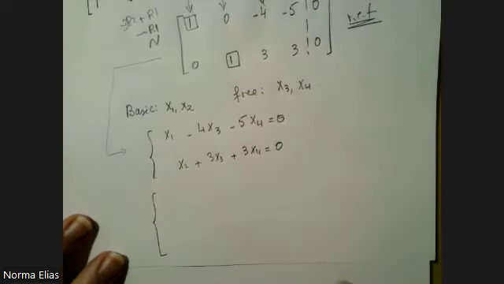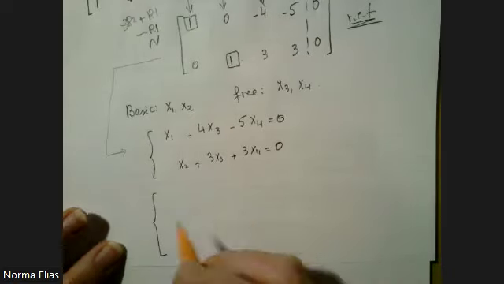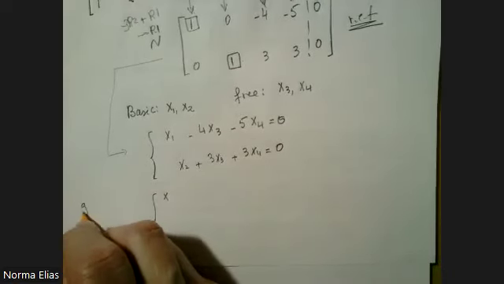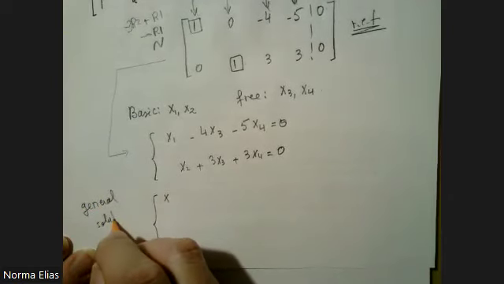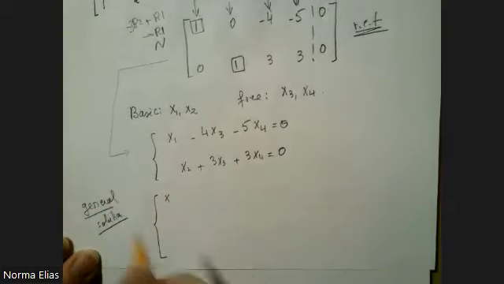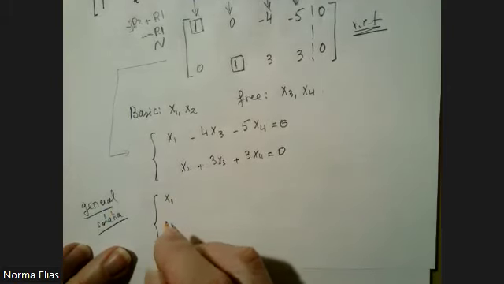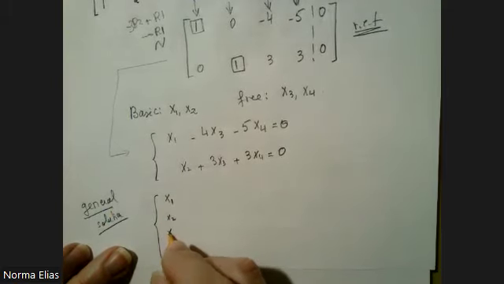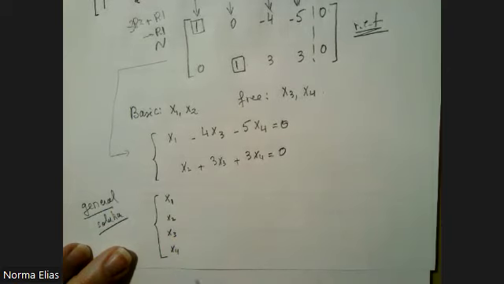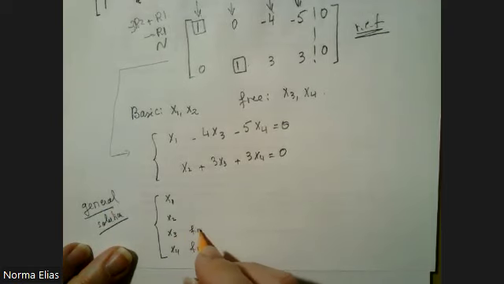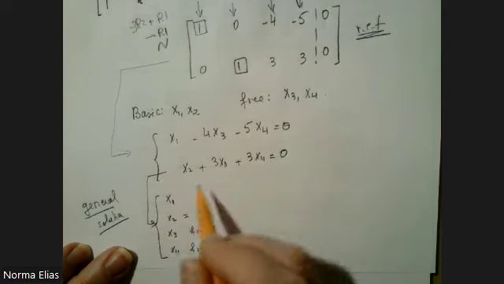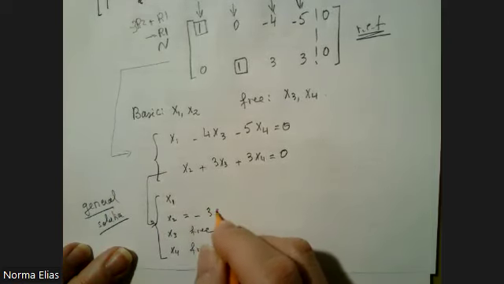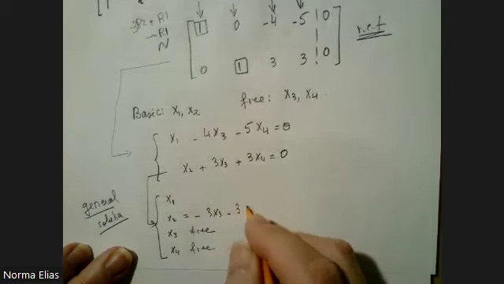Now we're going to write the solution. We're not writing the vector form yet, we're just writing the general solution. Remember, in the general solution, all the basic variables have to be expressed in terms of the free variables. x3 is free, x4 is free. x2 is going to be minus 3x3 minus 3x4.